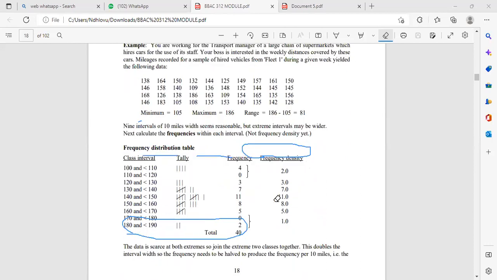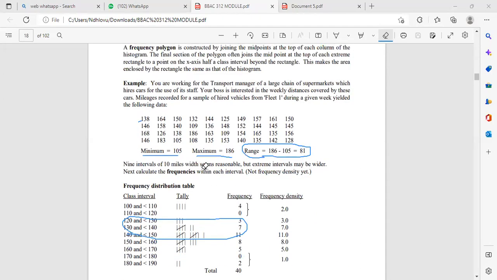From there, we can present this data as a frequency distribution with class intervals. Here, 9 intervals of 10 miles seems reasonable, but with extremes. So we have 100 but under 110, 110 but under 120, 120 but under 130.